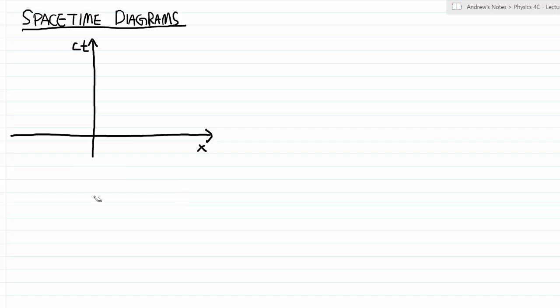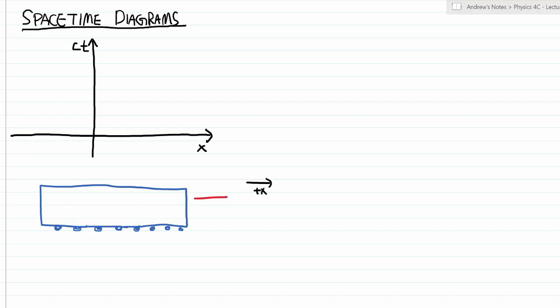Let me demonstrate an example of use of a space-time diagram. Let me sketch a picture first. Let's say we have a train that's moving in the positive x direction at some speed v. And we'll say this v is comparable to the speed of light c.